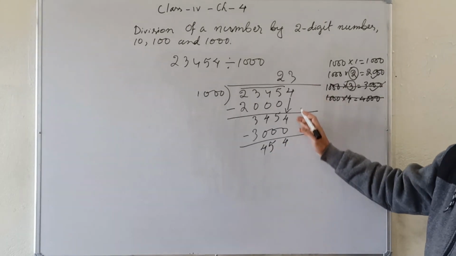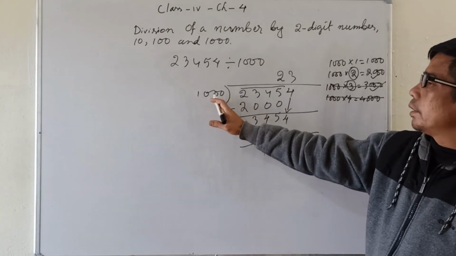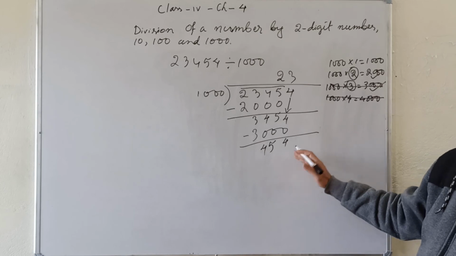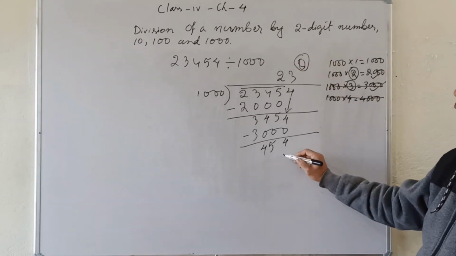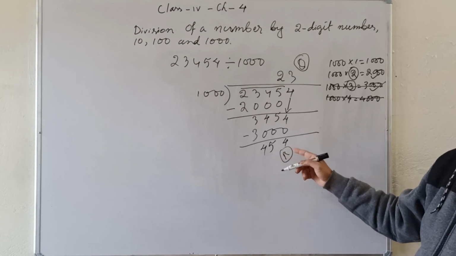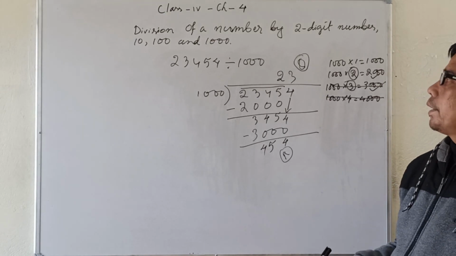And no number to bring down. And as 454 is smaller than 1000, this is the end of the division. Quotient is 23. Remainder is 454.